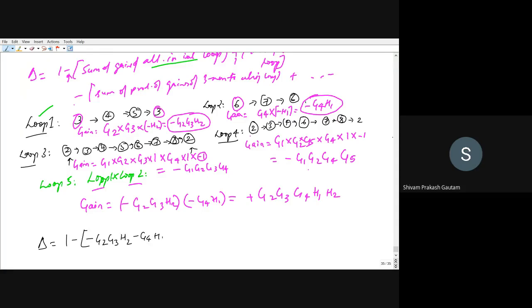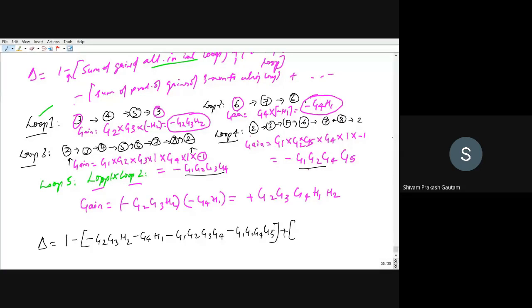Minus G1, G2, G3, G4, minus G1, G2, G4, G5. So this is the gain, right?